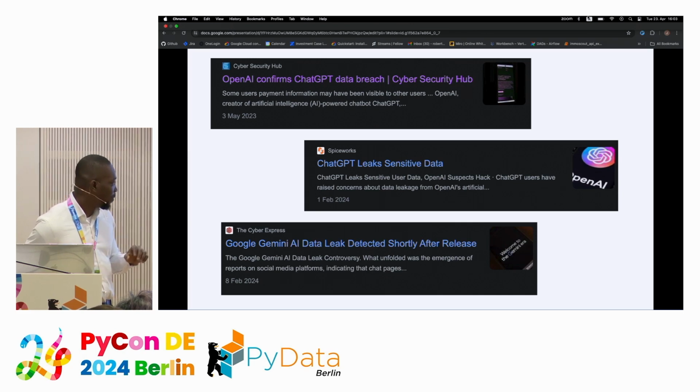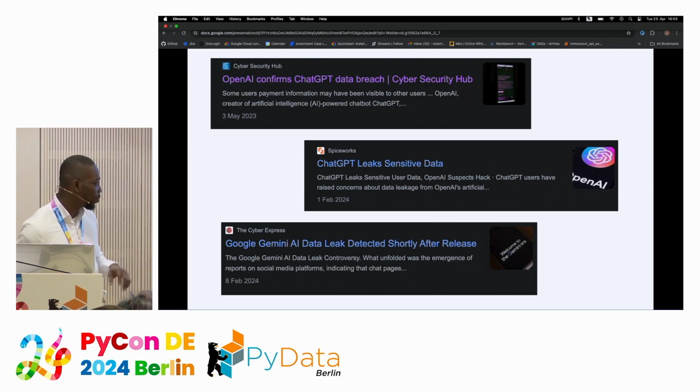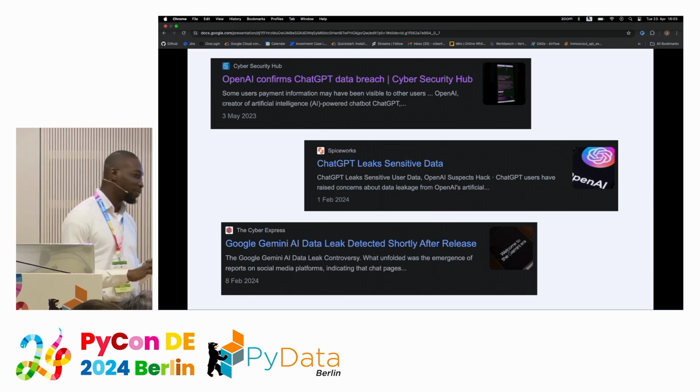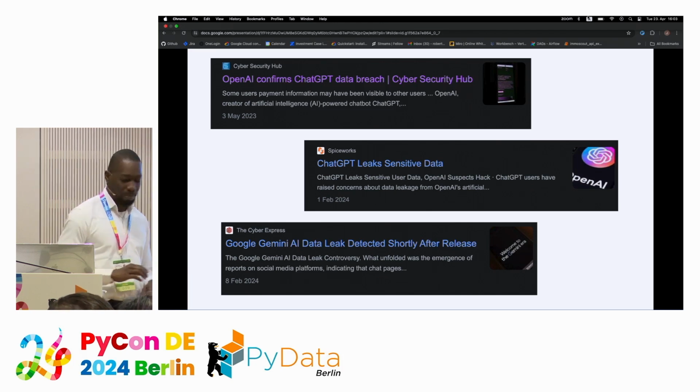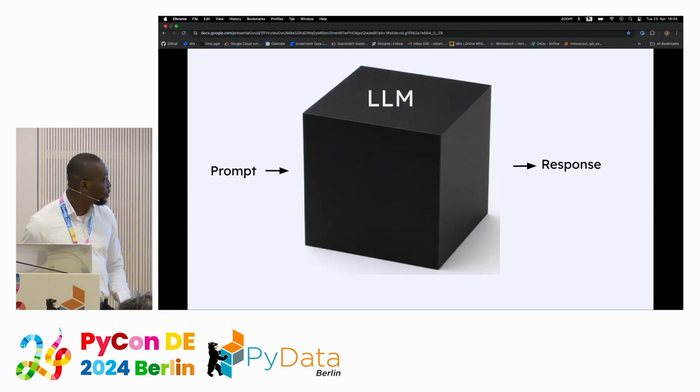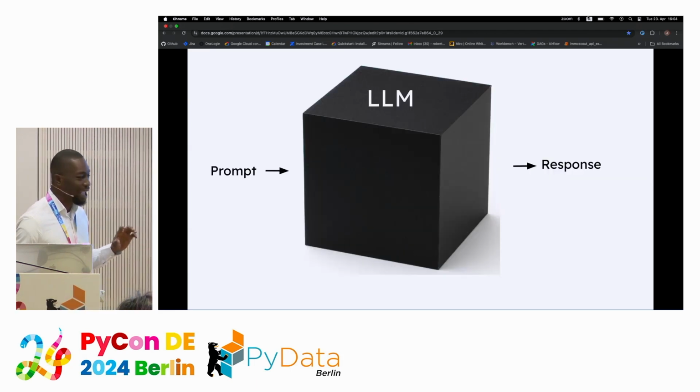So you also have Gemini, which is from Google. You have also Anthropic, and all these generative AI platforms, all of them sometimes have data leakages or security issues.